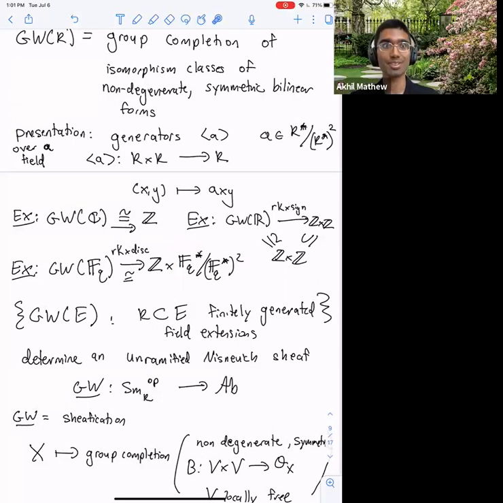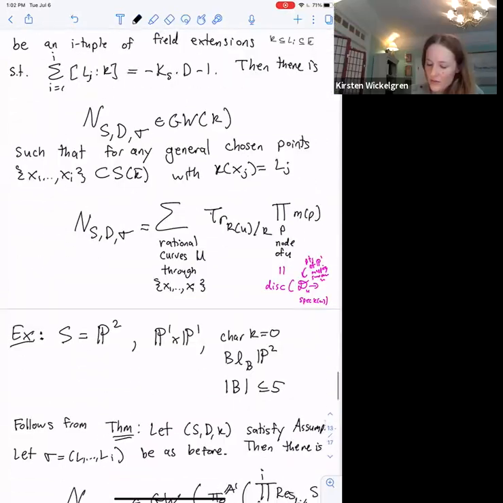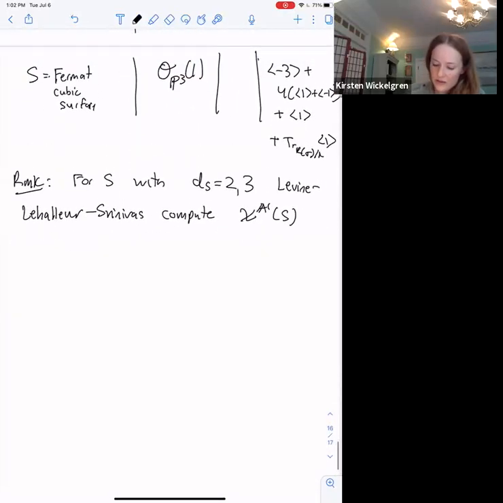More questions? Sorry, maybe if I could ask a question. I was wondering what sorts of ingredients go into the proofs of these counts. Thanks. So we want to take the degree of an evaluation map.